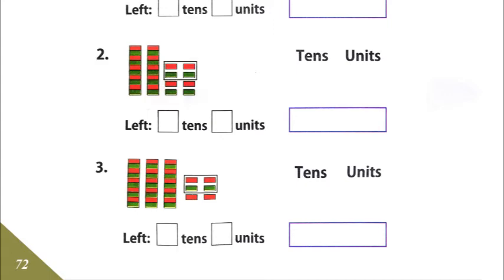So now how do we find the answer? From 8 we subtract 4 or from 8 we take away 4. What is the answer, children? It's 4. So we will write it at the bottom there. Then in the tens column there is only 2 tens. Below the ten there is nothing.